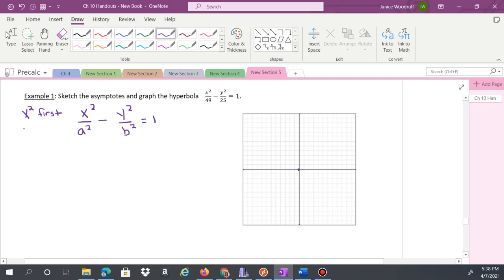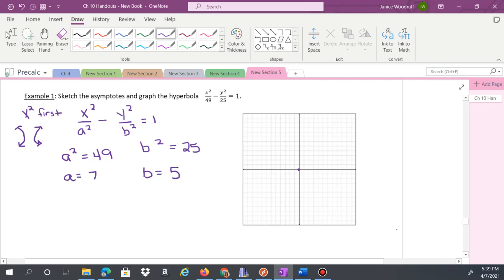Okay, and then we know that it's going to look somewhat like this. So let's identify our a and our b. If a squared is 49, then our a is going to be 7. And if b squared is 25, then our b is going to be 5.